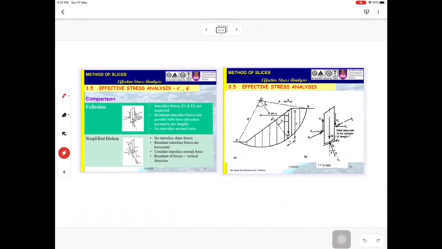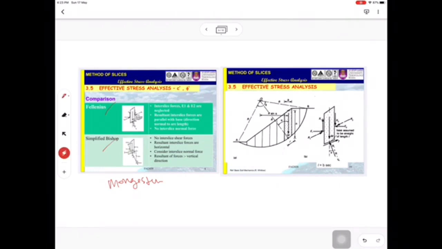Okay, so actually we have a lot of methods of slices. We have Fellenius, we have simplified Bishop, we have Morgenstern, and many more.